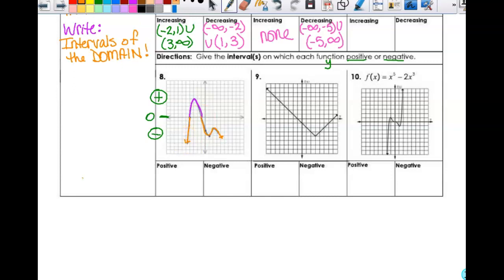Still going from left to right, still talking about the y values, writing about the x values. So it is positive starting at negative 4 going to negative 1. So from negative 4 to negative 1, my function's positive. Not inclusive, because that would mean I include negative 4 and negative 1, and that's when y is 0.